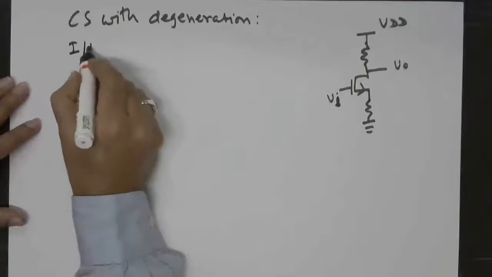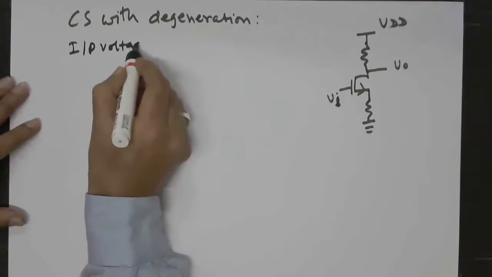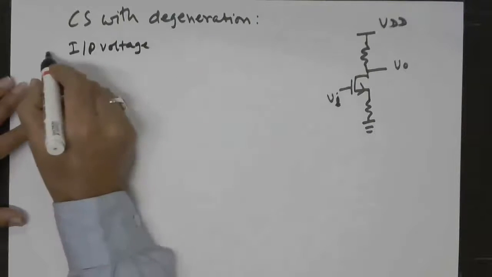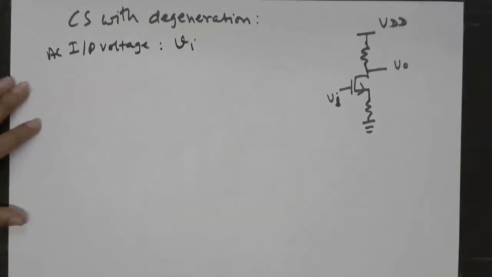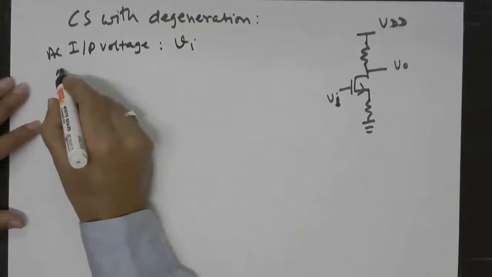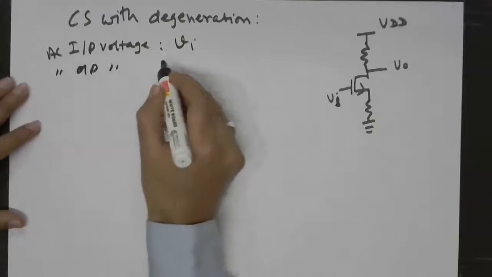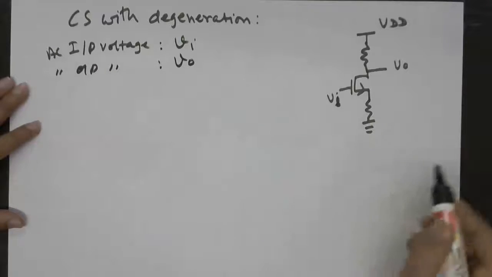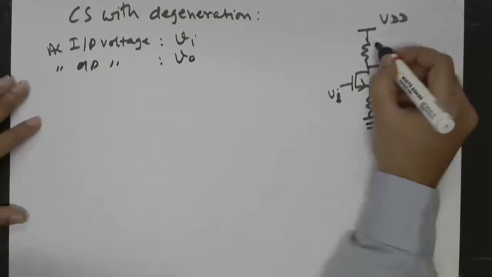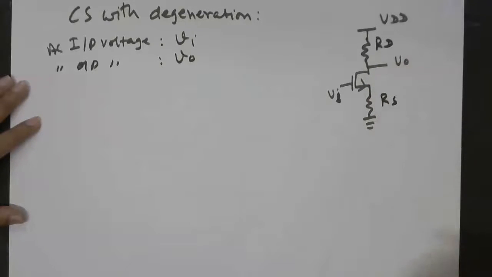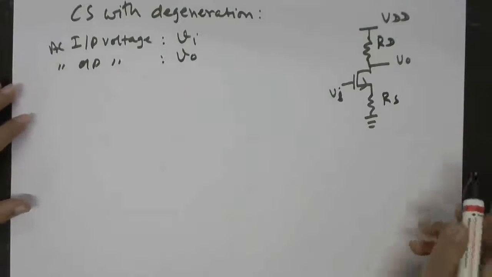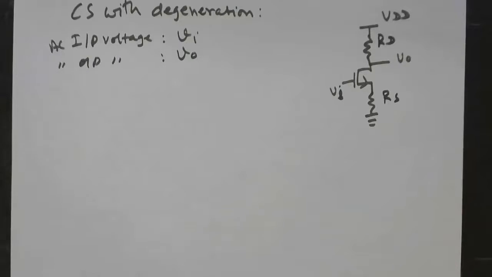So the AC input voltage will be designated now onwards as VI, and the AC output voltage remains VO. So this resistor is RD as usual. This we will be calling RS. For this case, we want to know what will be the voltage gain.